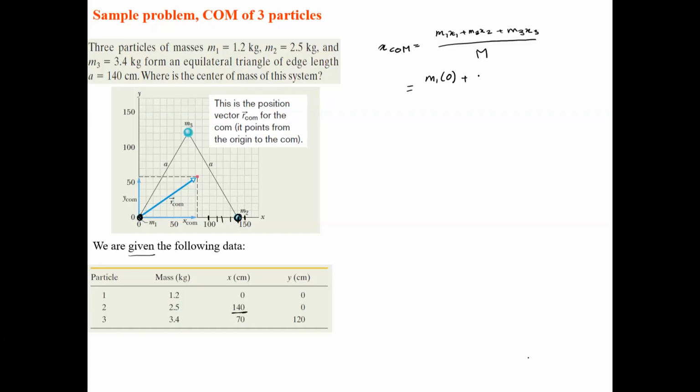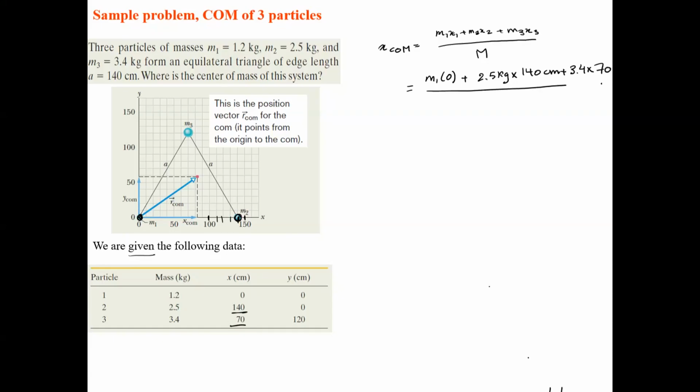So I can put m2, which is 2.5 kilograms, times 140 centimeters, plus m3, which is 3.4 kilograms, and its x location is given by 70.